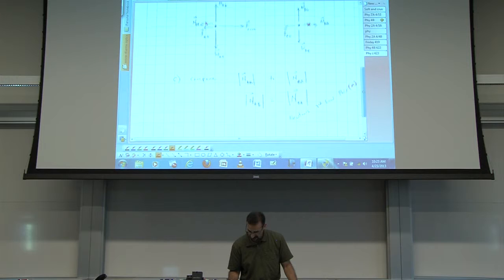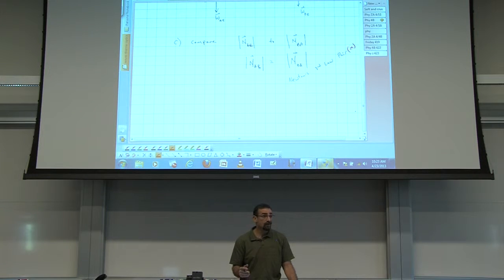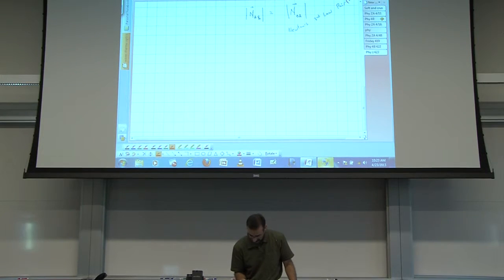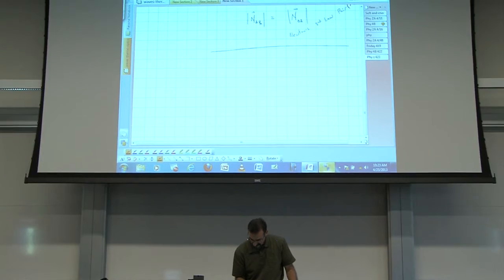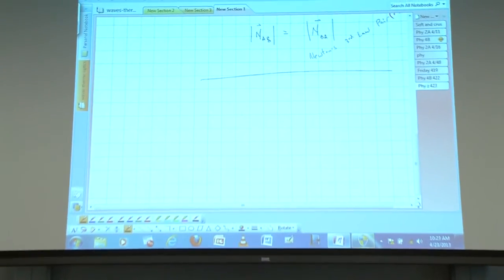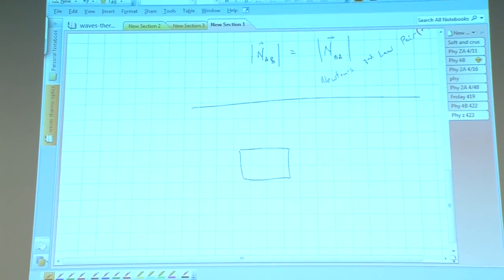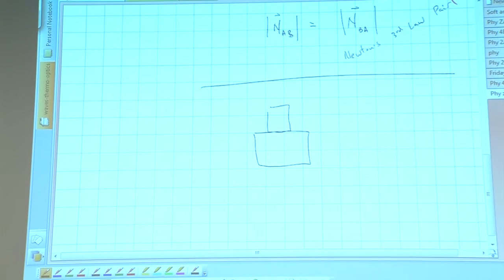The question is, could you have more than one Newton's pair in a free body diagram if you only have two objects? So let's think about this case. This is sort of an aside here. We have object A and object B sitting on top of it.